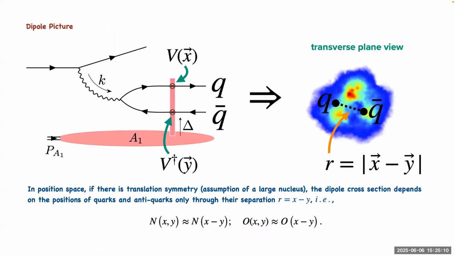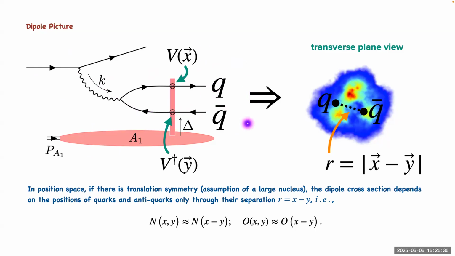This is also a picture that we saw today, and I actually stole it from a presentation. This is the dipole picture. In the dipole picture, in a standard DIS, the incoming photon breaks into a quark-antiquark pair.